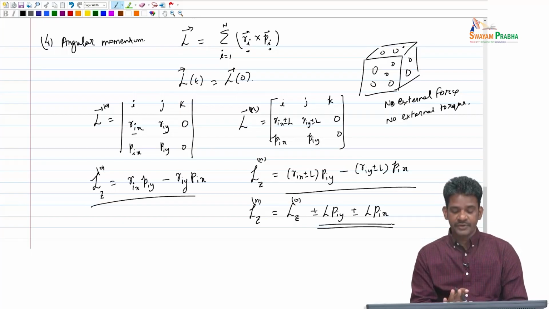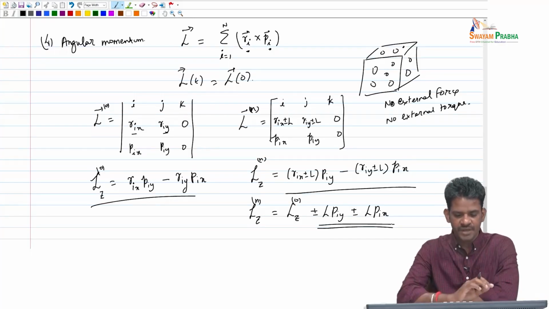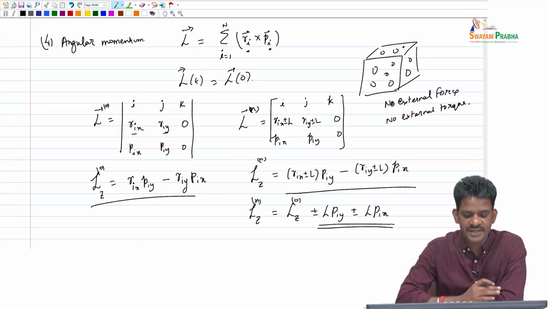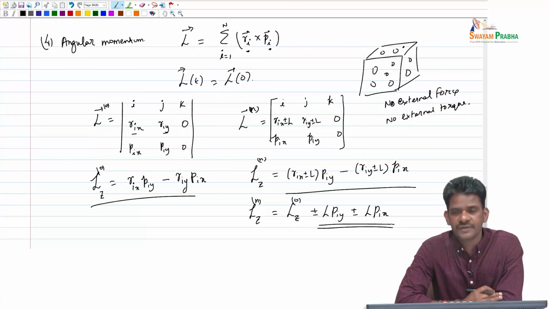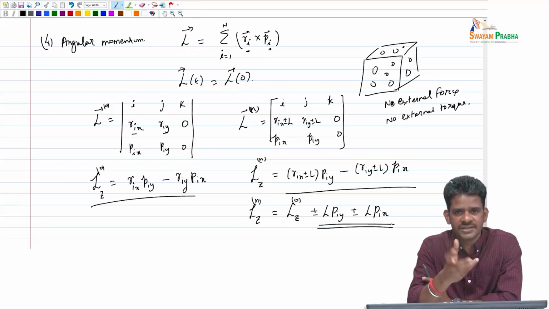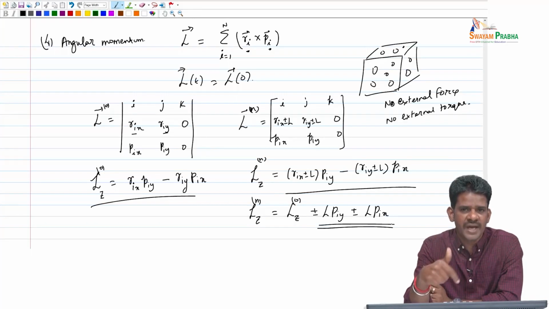So you can see that because of this, in the simulations the angular momentum is not conserved. This is something we have to keep in mind in all the simulations that we do with periodic boundary conditions. That means the initial symmetry we were talking about, that when I rotate the system about an axis by certain degrees the angular momentum is supposed to be conserved and the property should be invariant to rotations, is not enforced when you actually do simulations.